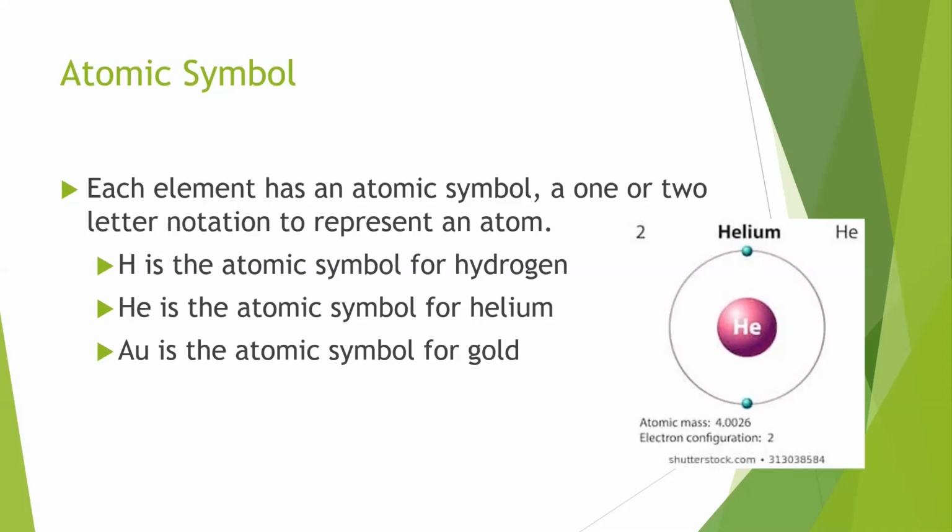So that's why we have some weird atomic symbols that you'd never think represent the atom. And then Ag is the atomic symbol for silver. Every element on the periodic table has an atomic symbol letter notation, which you can easily look up if you want to know.